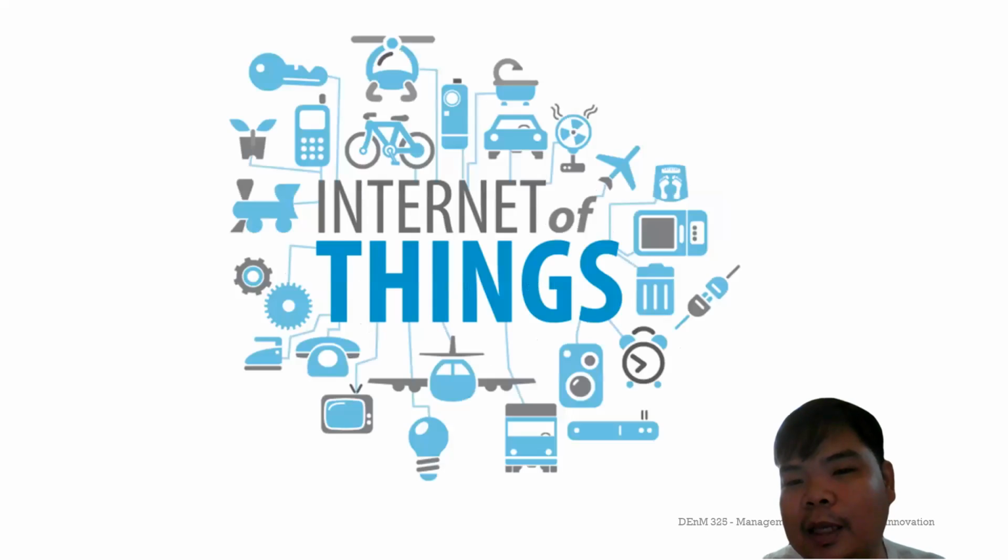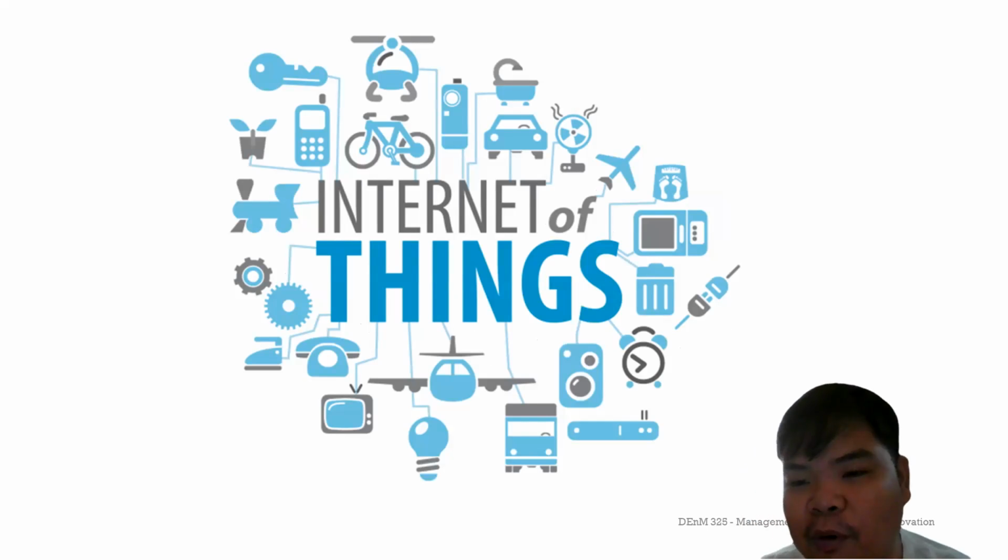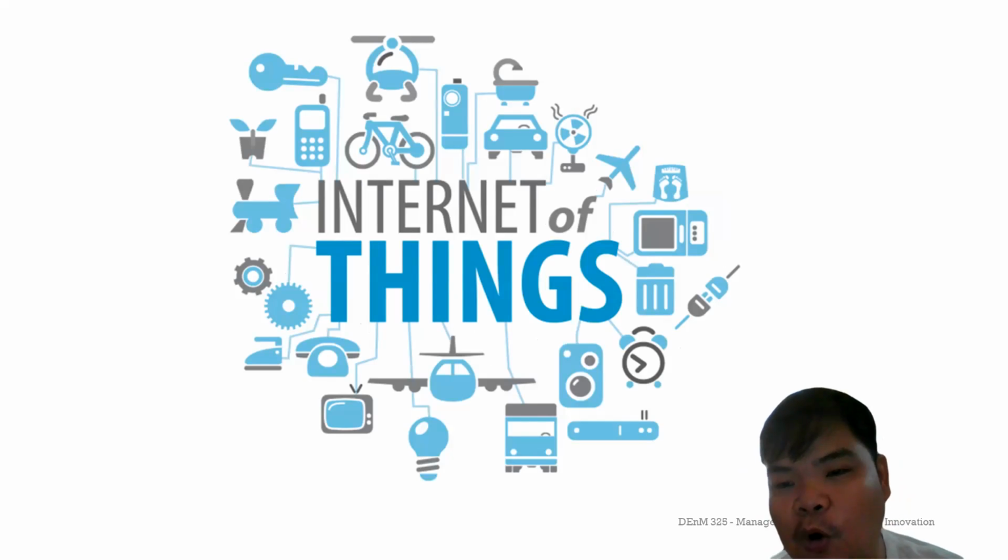Then we also have the Internet of Things, like controlling and monitoring certain things through the use of the internet. It can be used in airports, in the home like smart home, smart city, smart agriculture, and so on and so forth.